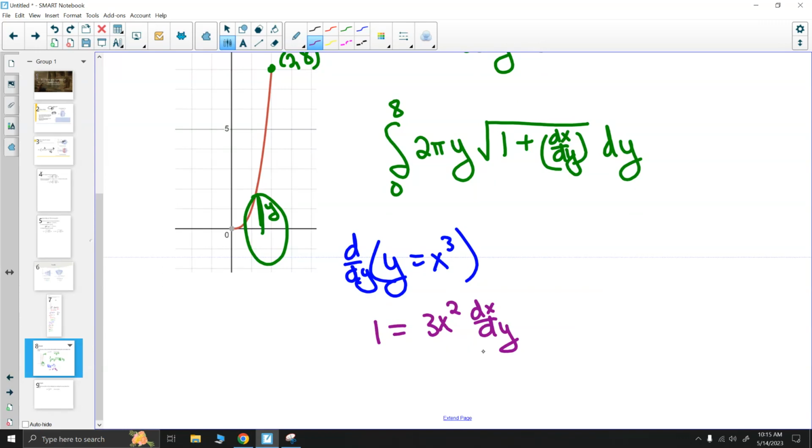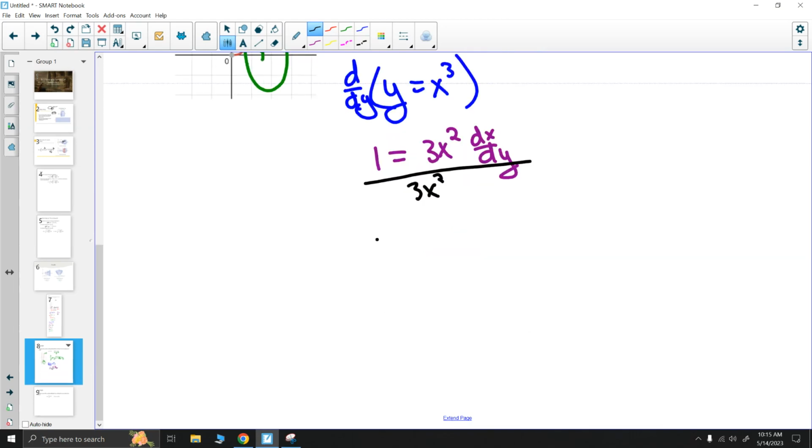And so solving for dx dy, again, this is implicit differentiation, we didn't need to. We could have solved for x as well by taking the cube root, but I just wanted to point this out. Divide by 3x squared, we get 1 over 3x squared is equal to our dx dy.